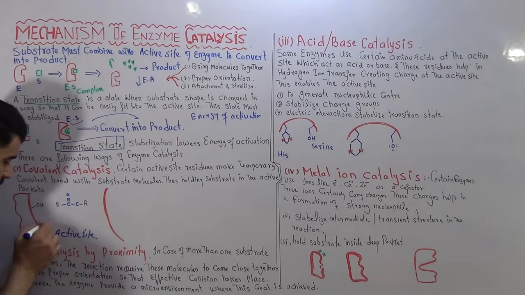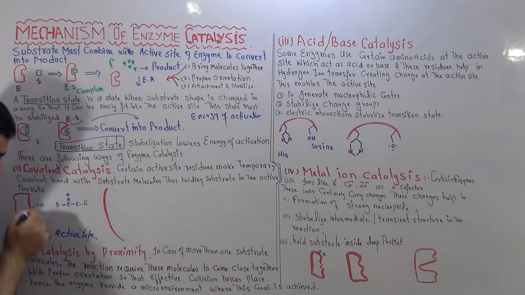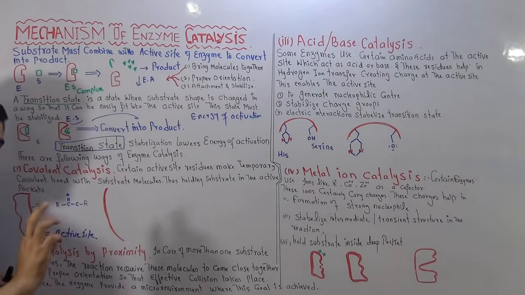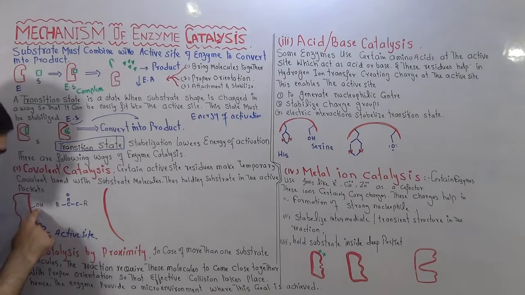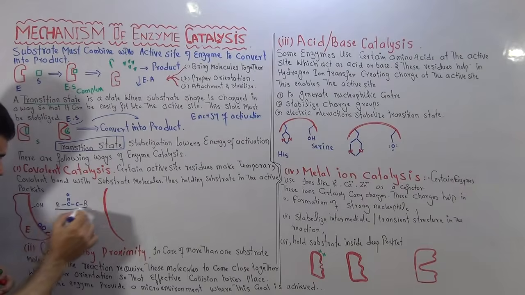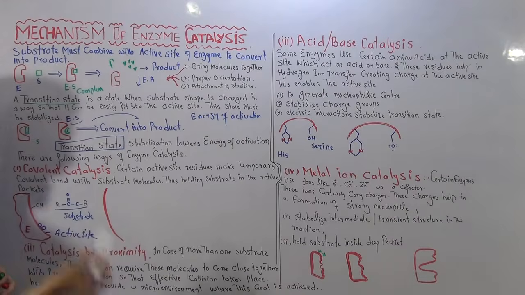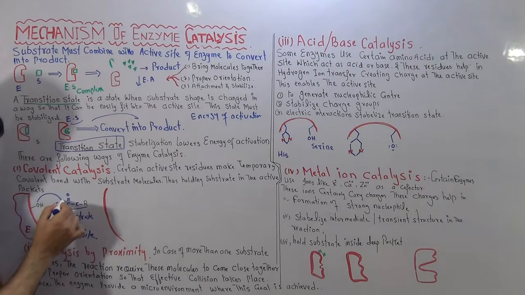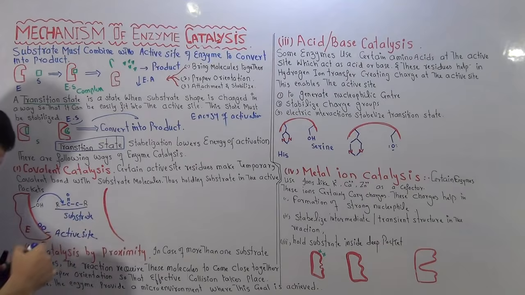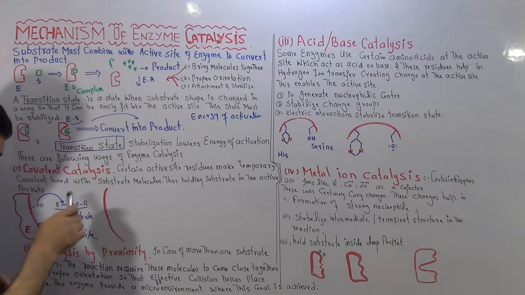Of course, there are many amino acids on the active site. One or two or more amino acids have the OH group, and this is our substrate. What happens is that the active site makes a covalent bond with the substrate molecule. Now we are going to break down the substrate molecule.